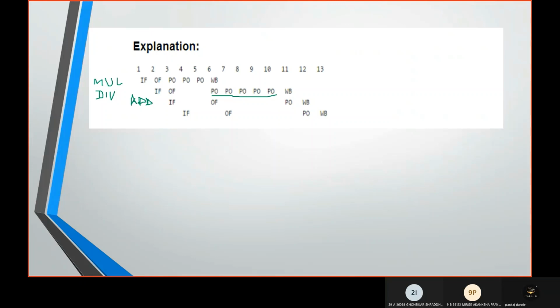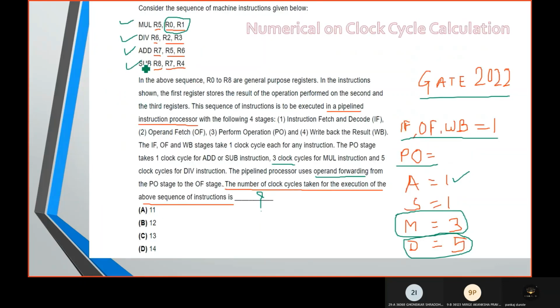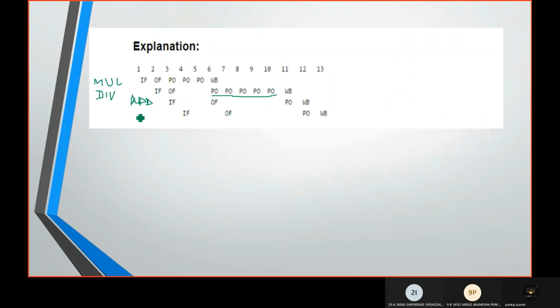The next and last remaining instruction is the sub instruction. For sub, instruction fetch, operand fetch and write back take 1 clock cycle, and the perform operation stage takes only 1 clock cycle. Let's execute the sub instruction.